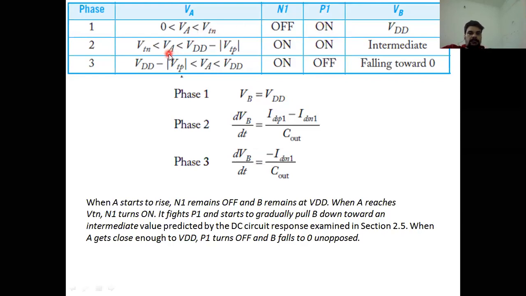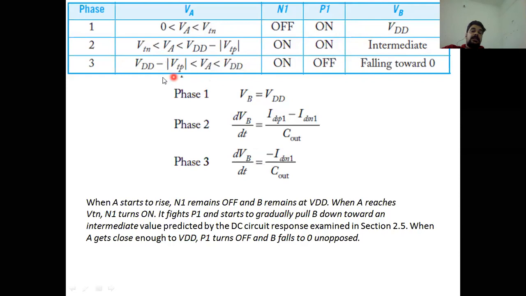As long as VA goes above VTN but is less than VDD minus VTP, in that case both NMOS and PMOS will be on, okay, and this is called the intermediate phase. So in this intermediate phase, both NMOS and PMOS will be on.